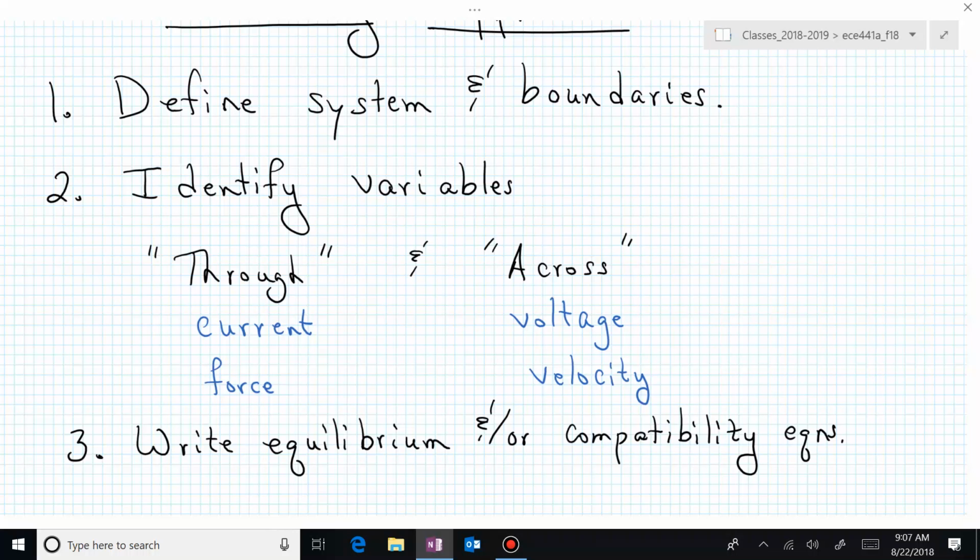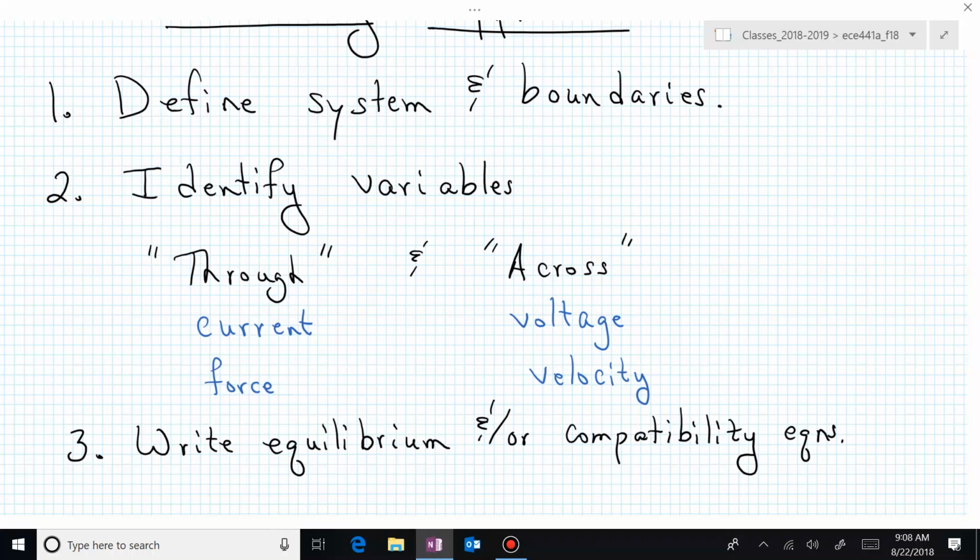These aren't trick questions, but coming out of a summer recess, maybe it seems like they are. But the inductors and capacitors store energy, in the magnetic field on the inductor and in the electric field on the capacitor. We focus on those, and we have through variables, which is the current, and across variables, which is the voltage.